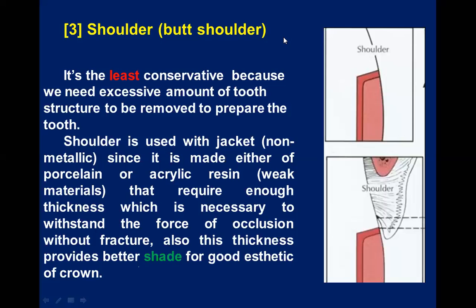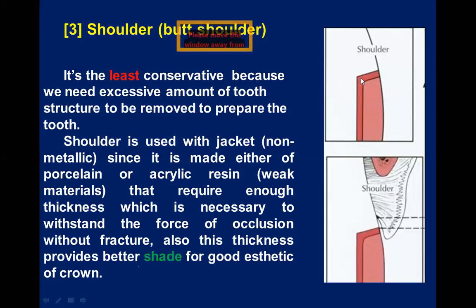The shoulder is the third type of finishing line. Look at the pictures, it is an upper preparation. You will see the red part of the picture is the crown part, and you will see that there is a big removal of the tooth structure, and we create a step, or what we call a butt joint.